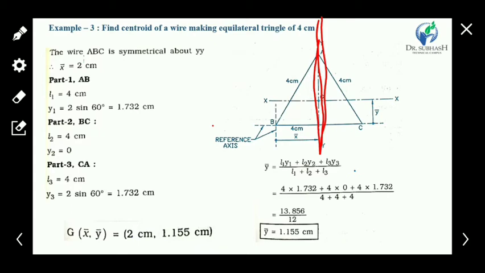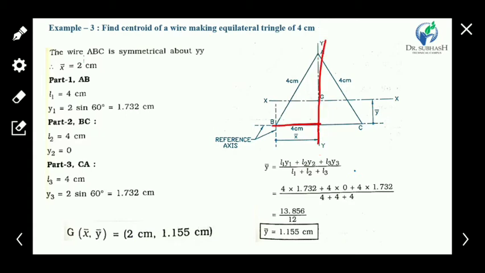Any symmetrical area or line or geometry about the vertical axis lets us find x bar directly.